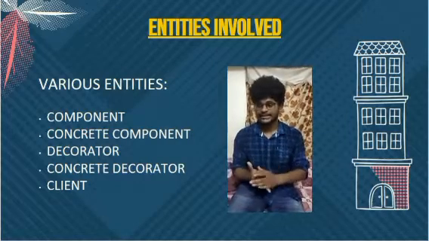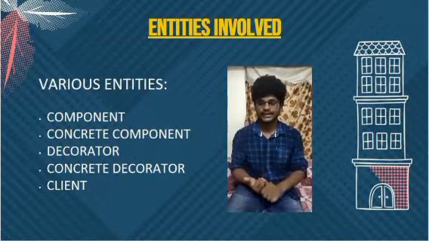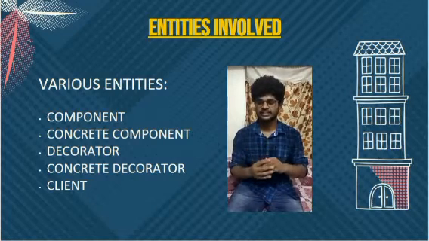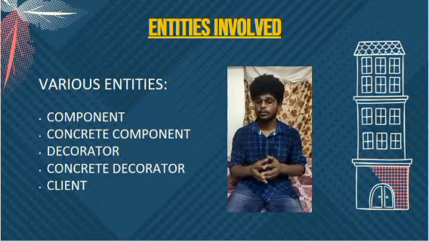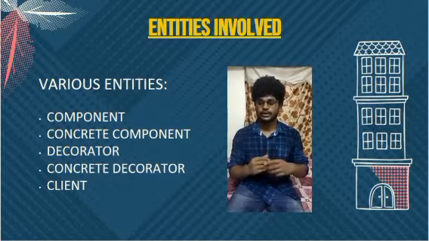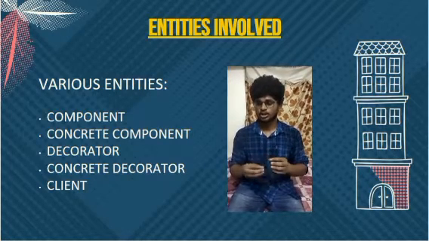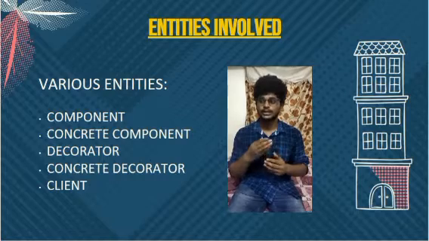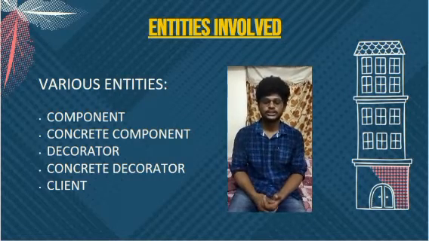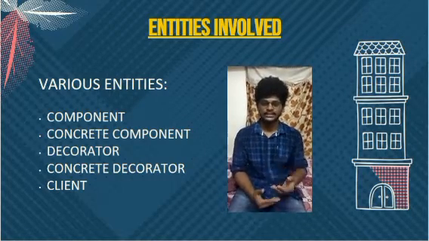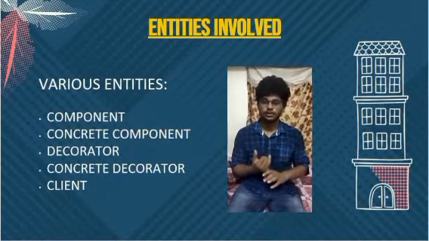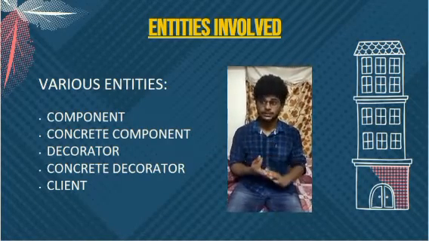It is a base abstract class that declares methods that represent the core functionality that all concrete components must implement. The second, concrete component. These are basic objects or classes that provide the core functionality and also represent the objects to which additional behavior will be added.